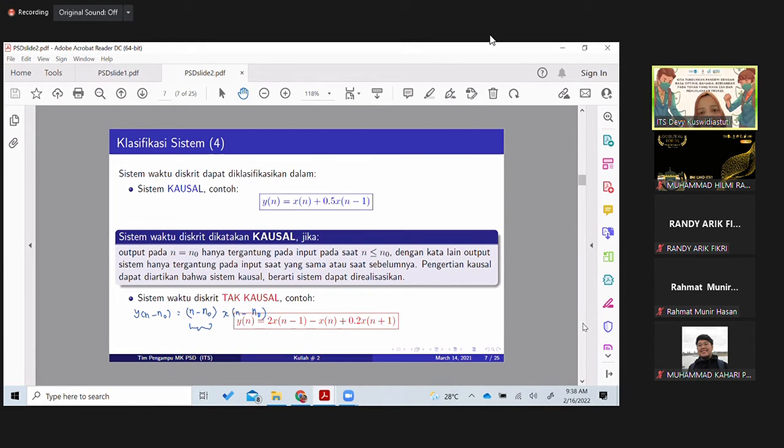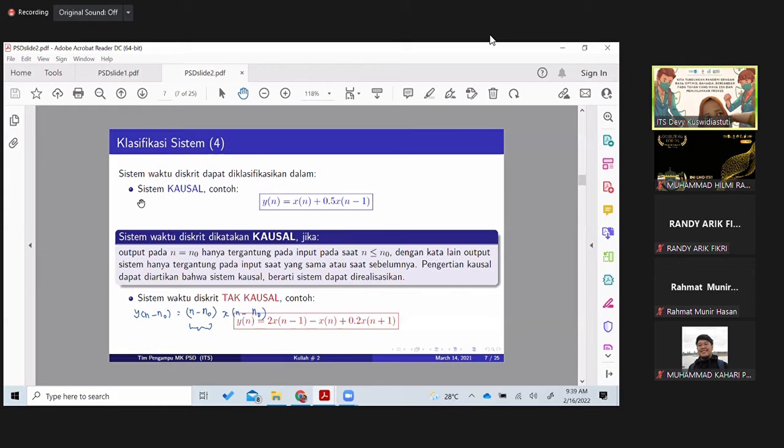Because only a causal system can be built or realized as a real system. Perhaps you design a system which is very complex and very perfect, but in reality you cannot make it. That would be useless. So you must make sure the system is causal, so you can produce it in real life.